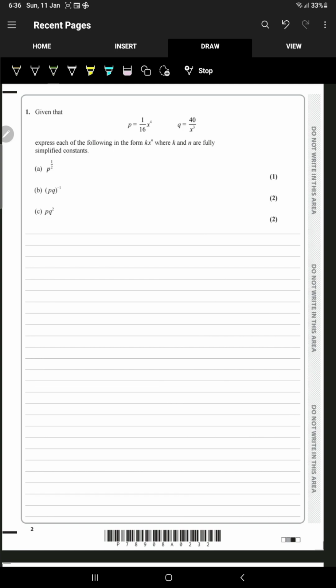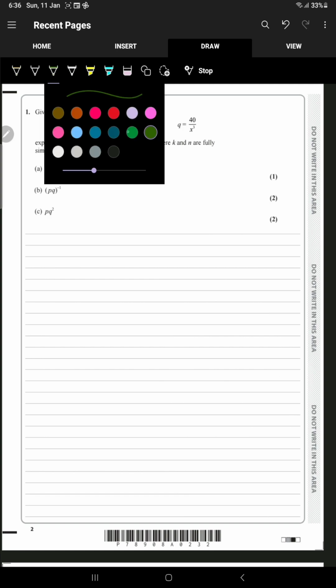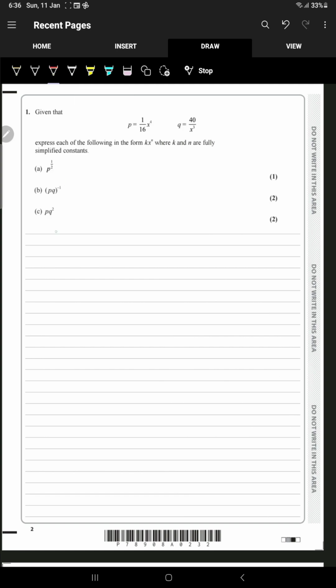Let me select the red pen. So 1 over 16 x to the power of 4, this is going to be whole to the power of half.